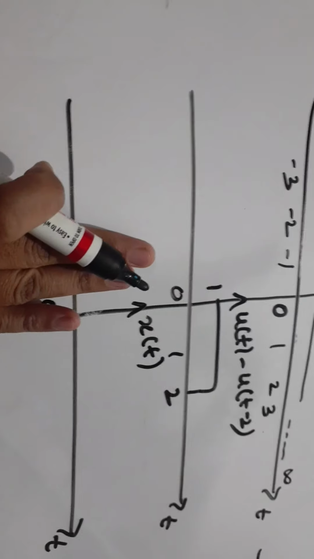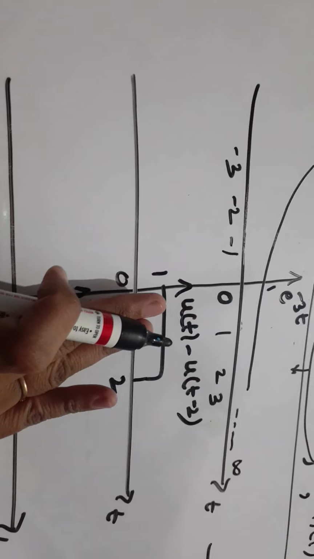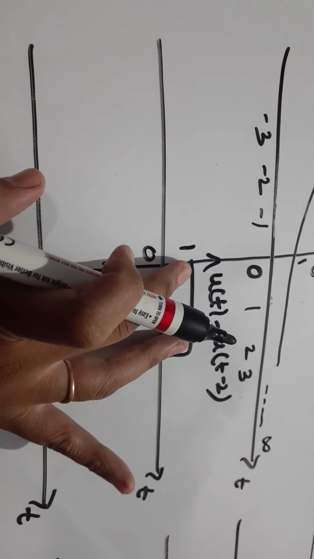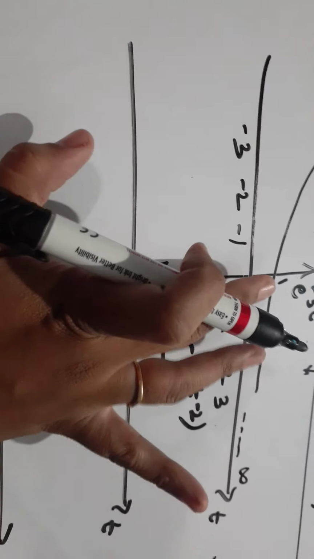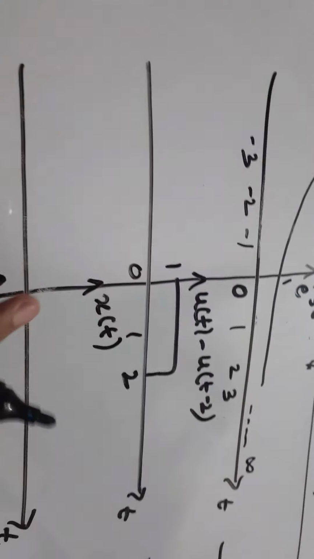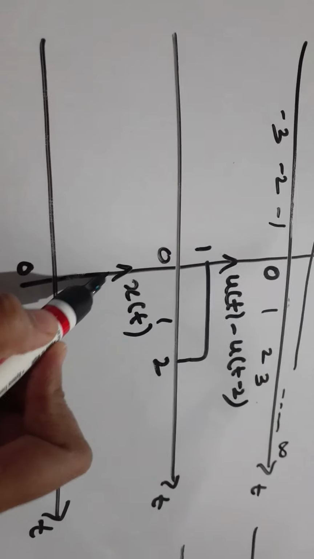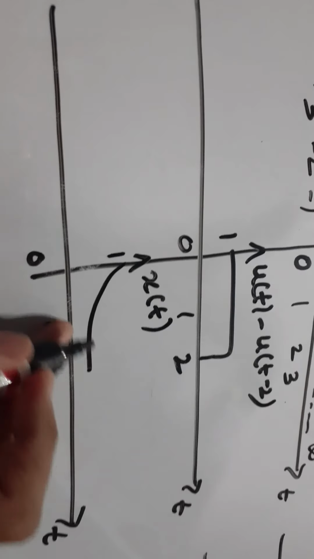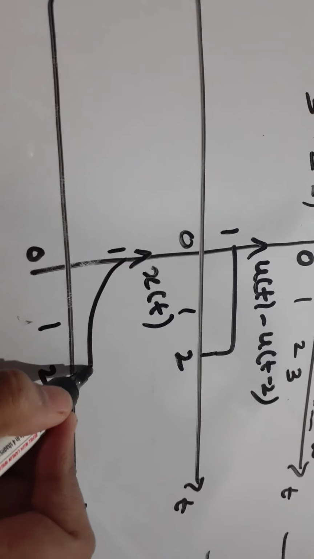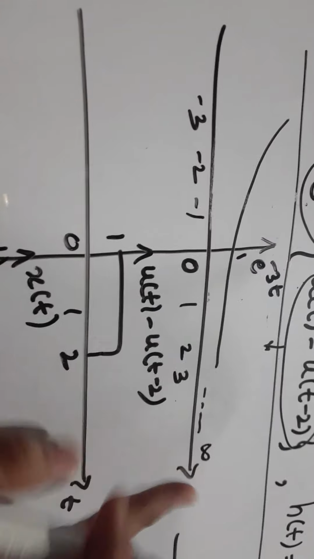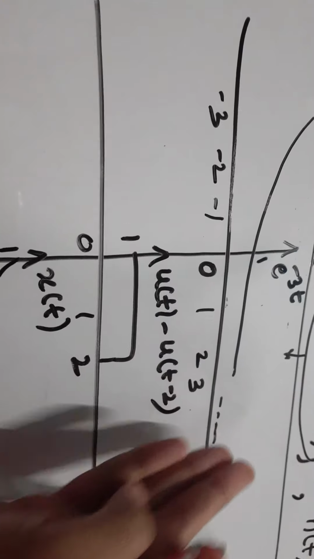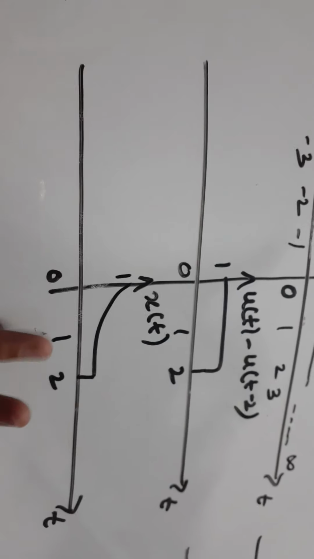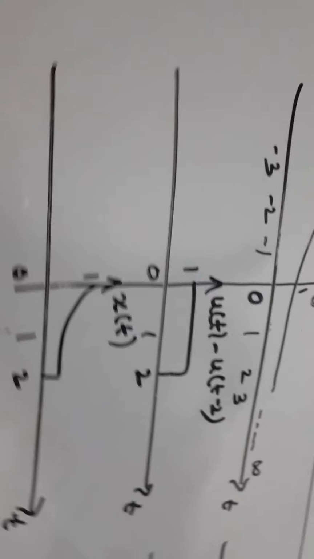No signal here. Now between 0 to 2, the amplitude is 1; 1 multiplied by some signal, the same signal will continue, somewhat an exponential curve like this. After 2, some value multiplied by 0, no value. So this is your signal x of t.